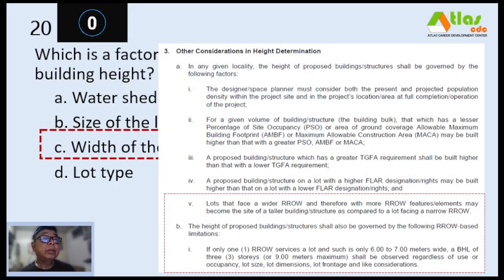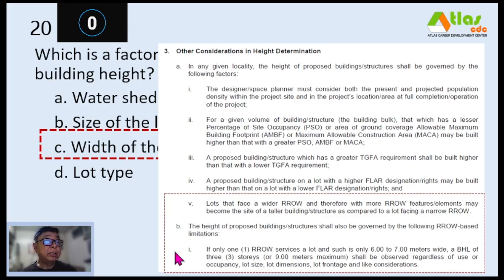So according to the building code, other considerations in height determination include lots that face a wider road right-of-way, and therefore with more road right-of-way features, elements may become the site of a taller building structure as compared to a lot facing a narrow road right-of-way.